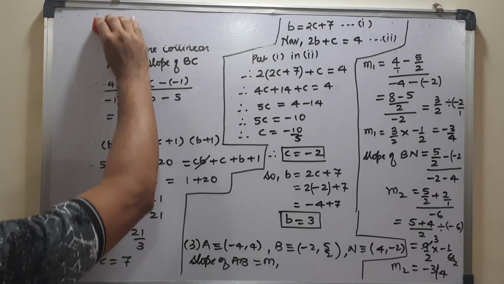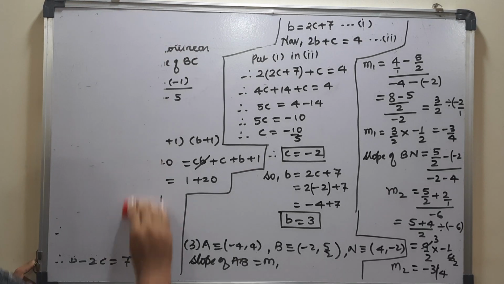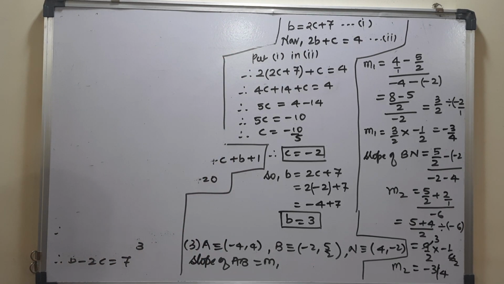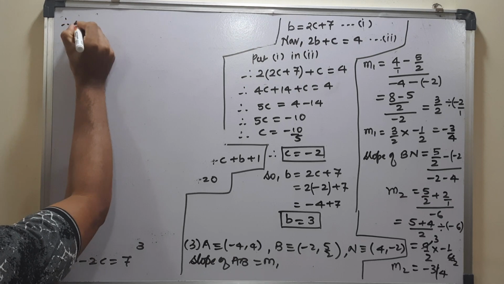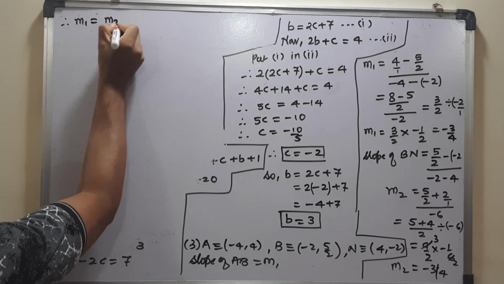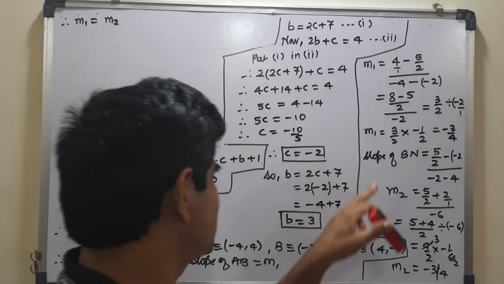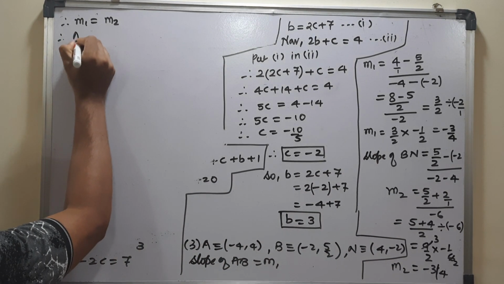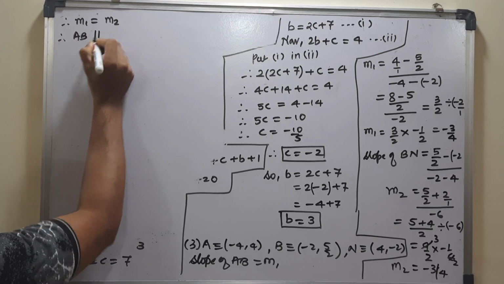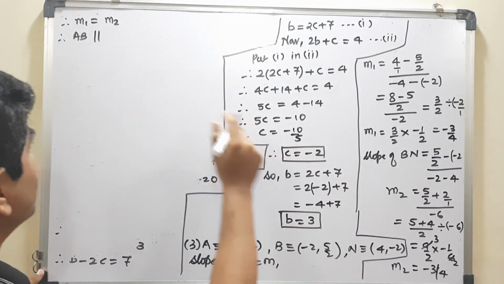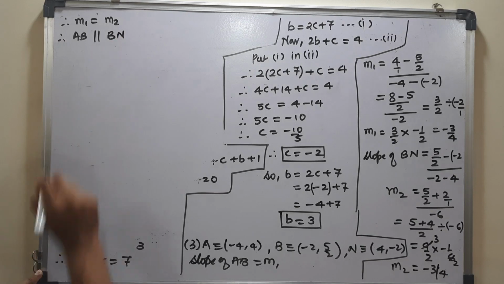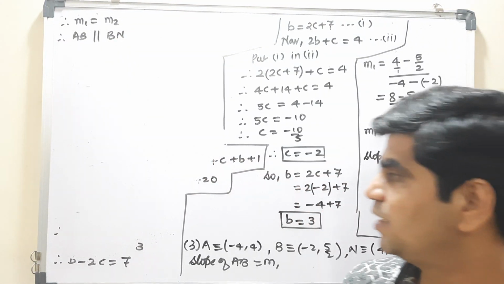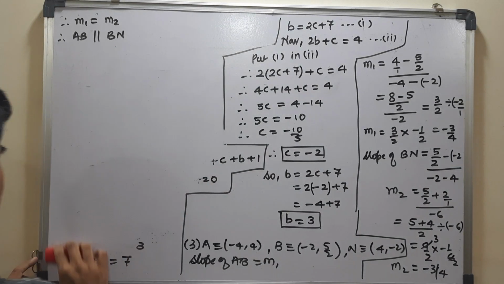M1 is equal to M2, and M1 is the slope of AB. That means the line AB is parallel to BN, that is the straight meaning of slope being equal.